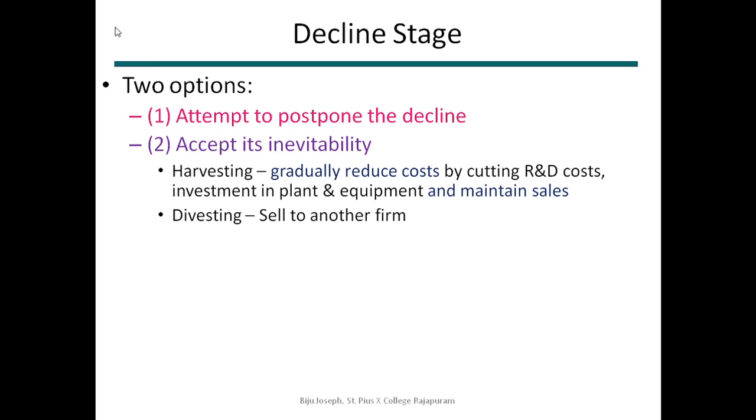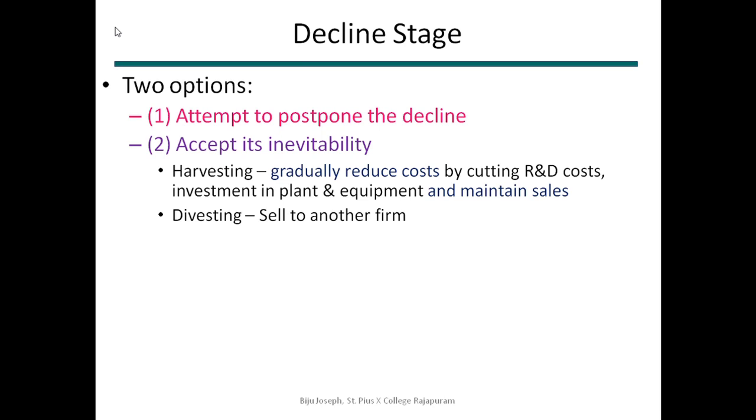And there are two methods, or approaches, available during the decline stage. One is harvesting and the other one is divesting. In harvesting, gradually reduce costs and maintain sales.